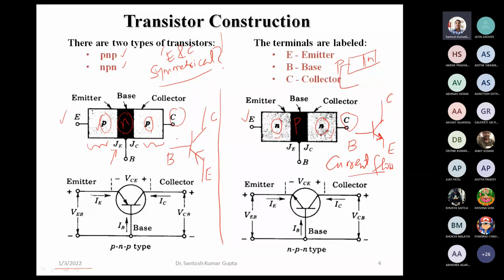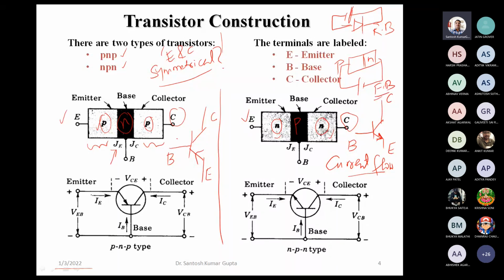To forward bias this, we have to apply a positive voltage on the P side and a negative voltage on the N side. To reverse bias this, we have to apply a negative voltage on the P side and a positive voltage on the N side. So this is reverse bias and this is forward bias.